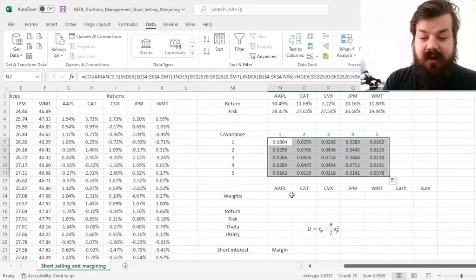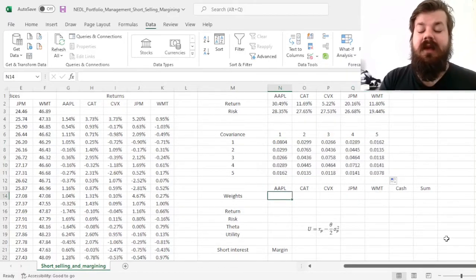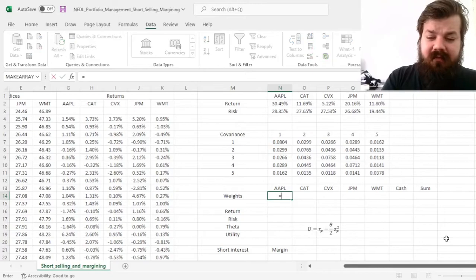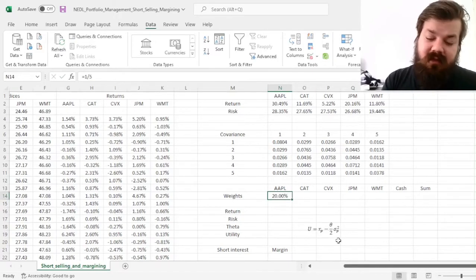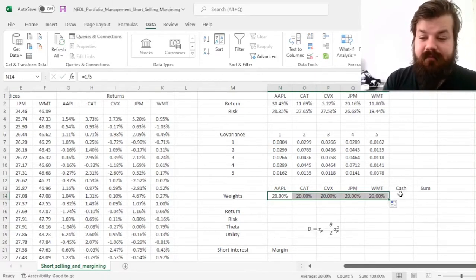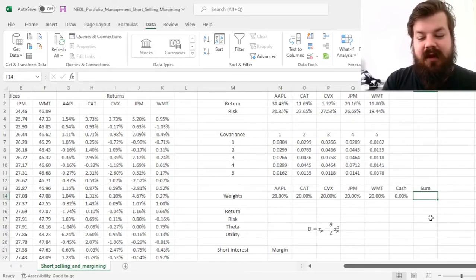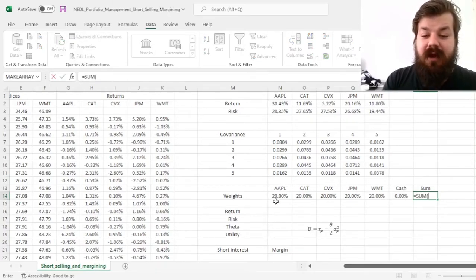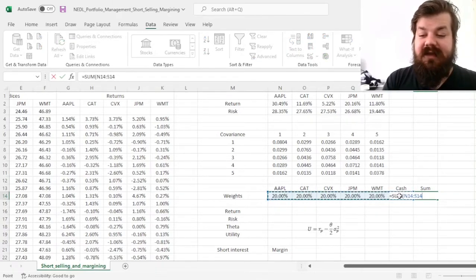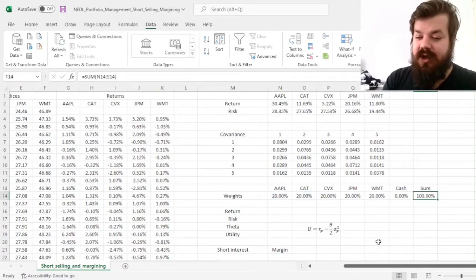And now we can start with an equally weighted portfolio as usual, using the 20% or 1 over 5 allocations. At first, we have got no cash, as cash will come into the picture when we discuss short selling regulations. And we need to sum our allocations in all 5 assets plus cash to generate the total allocation that we need to demand to be equal to 100% or just 1.